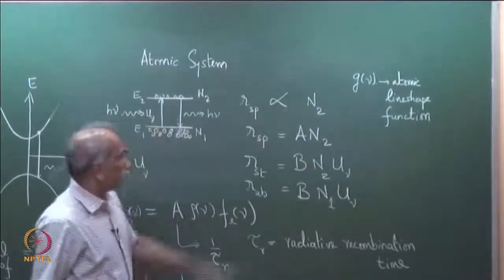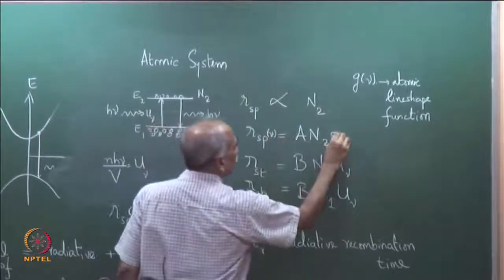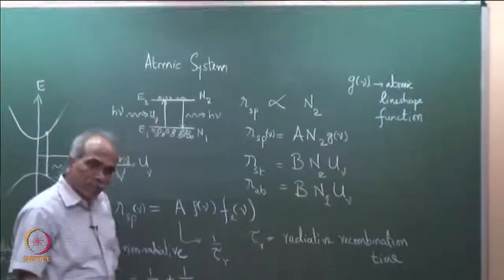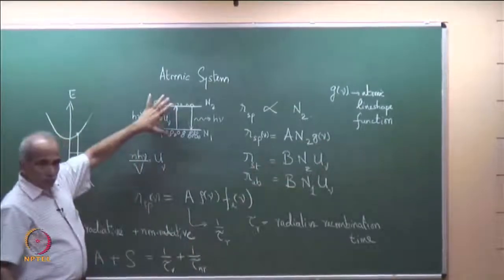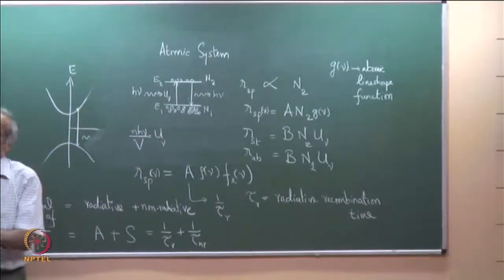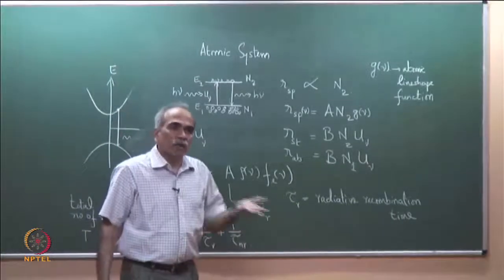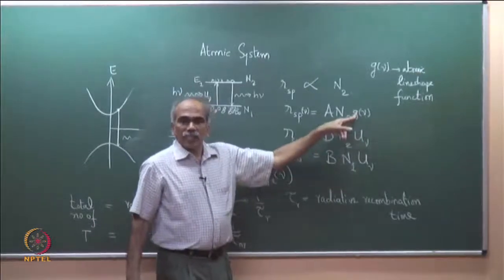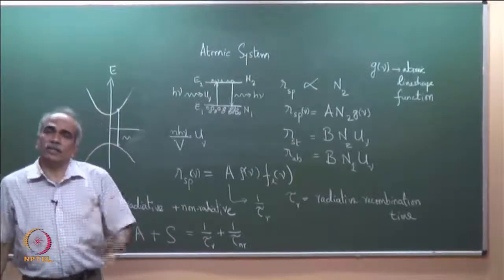Therefore, everywhere this rate will be a function of nu, and N2 into g nu. g nu gives us the strength of interaction at the frequency nu. That is, any atomic system interacts with radiation over a range of frequencies, because of various mechanisms which are called line broadening mechanisms. This g nu is the line shape function which determines the strength of interaction at a particular frequency.